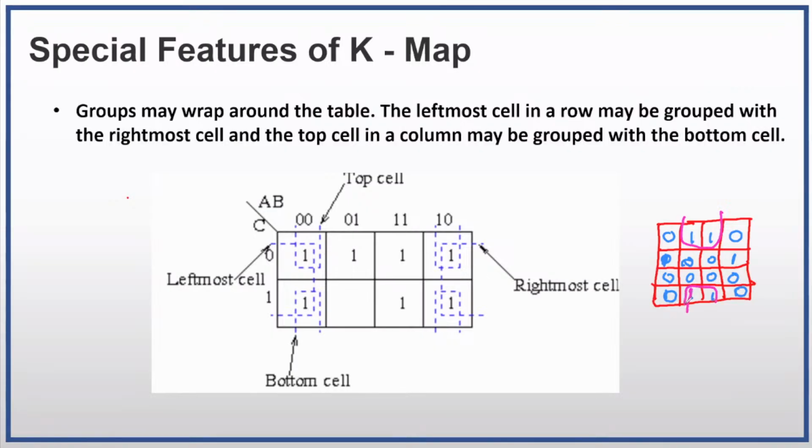So it contains a group of four ones. Got it? And also you can group these two, this one with this one. It is a group containing two ones. So like that you can make groups, because you should know that these groups wrap around this table.